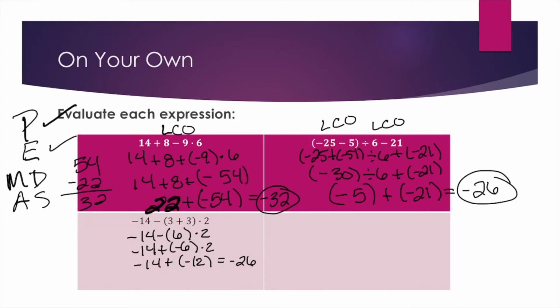And then I have 14 plus 8 plus -54. Which leaves me with 22 plus -54. I find those absolute values, and because they're different signs, I subtract them, which is right here. And 54 minus 22 is 32. -54 has the higher absolute value, so my answer is -32.